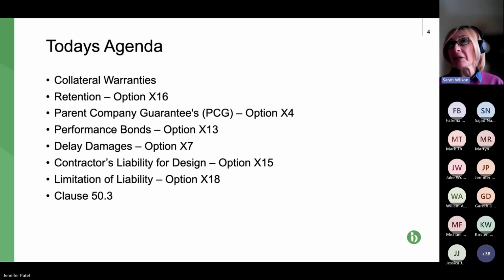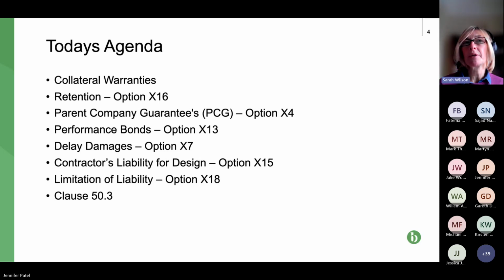I think it's probably unique to construction, where you've done the work, the amount of money is due, but 5%, 6% or 3% is deducted, and half of that typically is deducted for a year or so after the work's been completed. So that's the first one we're going to look at.